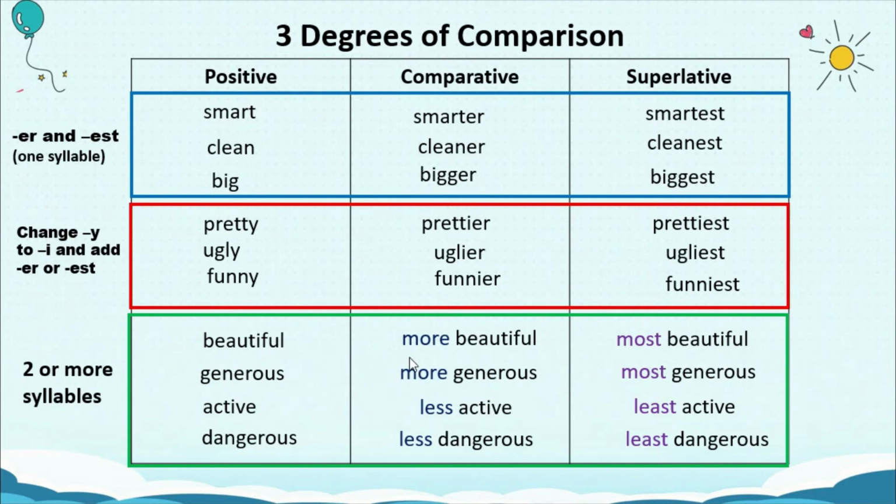Or we can also say beautiful, less beautiful, least beautiful. You can use more and most or less and least depending on the situation. Generous, more generous, most generous. Active, less active, least active. Dangerous, less dangerous, least dangerous.